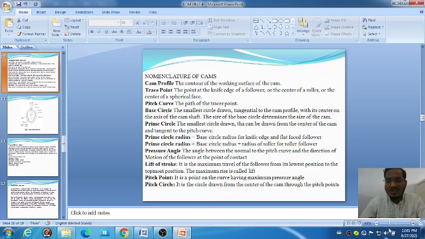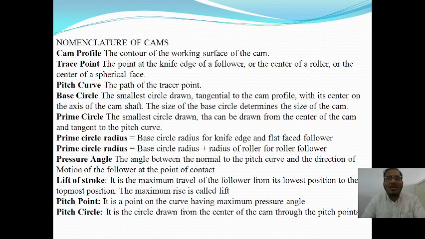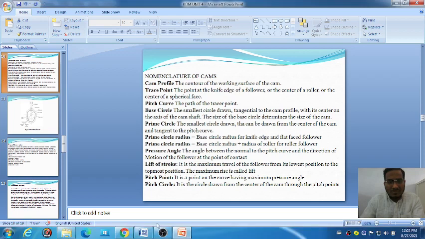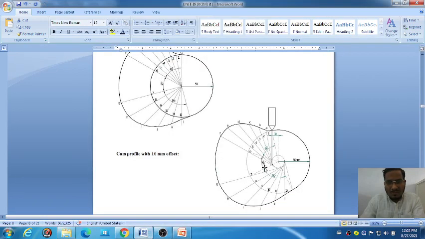Next we are here to see the nomenclature of cams. The pitch curve is very important. Here you can see the pitch curve. The last curve shows the pitch curve.